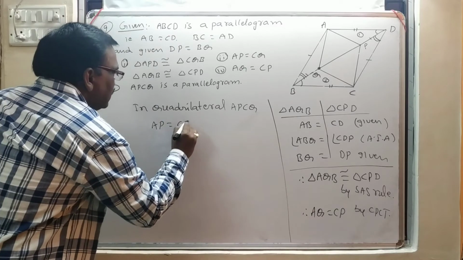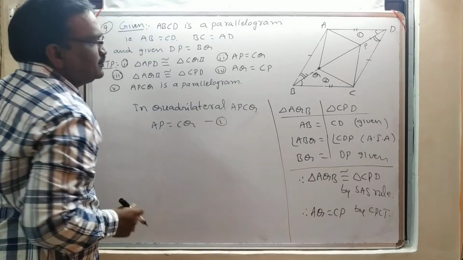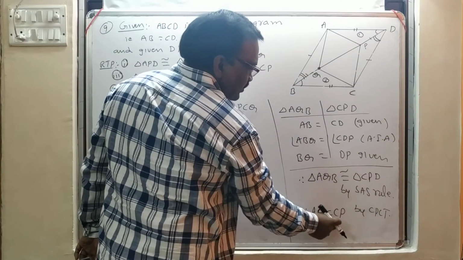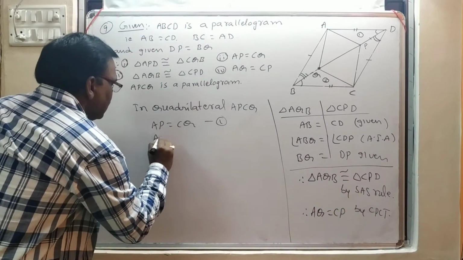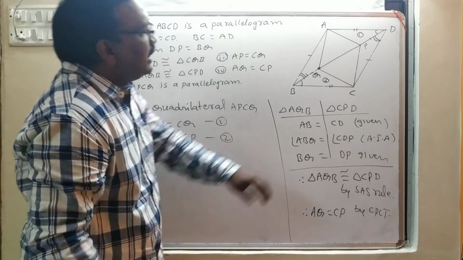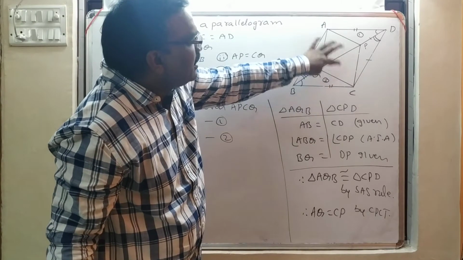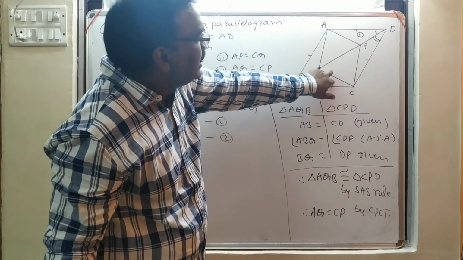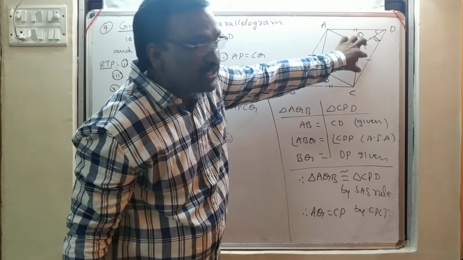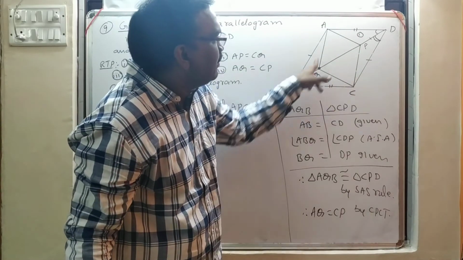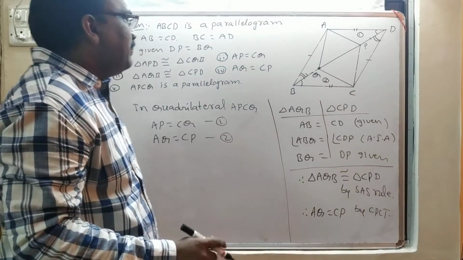Next, AQ is equal to CP. In the quadrilateral, both pairs of opposite sides are equal. So AP is equal to CQ and AQ is equal to CP. Both pairs of opposite sides are parallel. Therefore, APCQ is also a parallelogram.